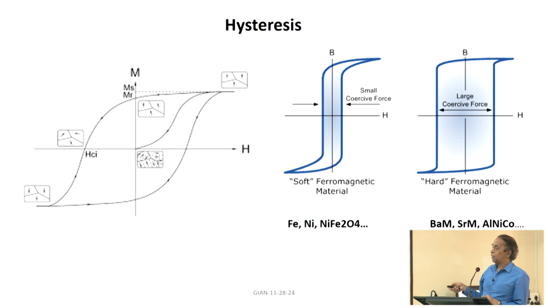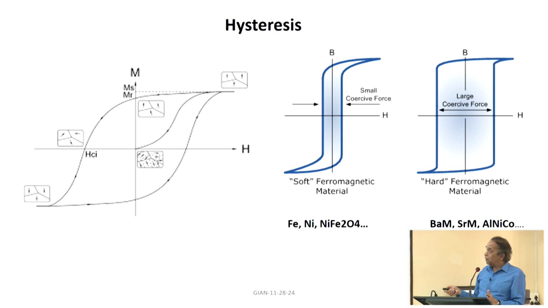Then you reverse the field until you hit the coercive field, when the domains are reoriented in such a way that the net magnetization is 0, then you keep going in the other direction, then it saturates, then you come back up. This process repeats.